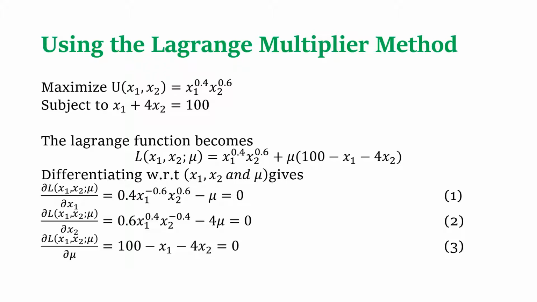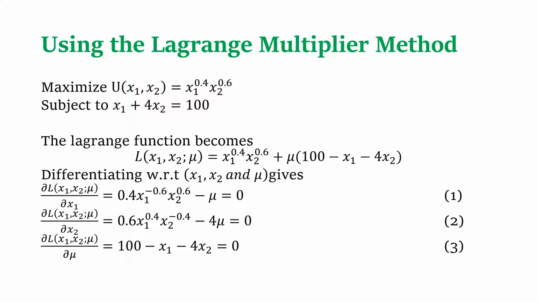Now remember, we are going to use the Lagrangian function here. The Lagrangian equation has the Lagrange multiplier. The Lagrange multiplier is the marginal utility of income. So the marginal utility of income is the Lagrange multiplier. In this case, I use mu as the Lagrange multiplier.